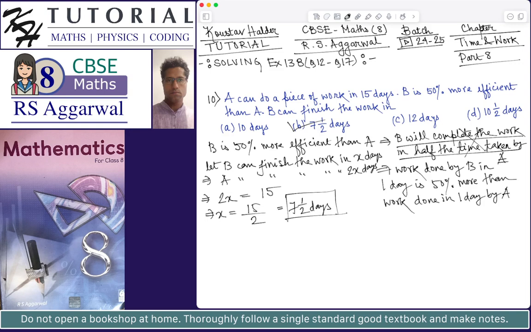Now, the mistake I did was not actually related to time and work, but in the concept of percentage.